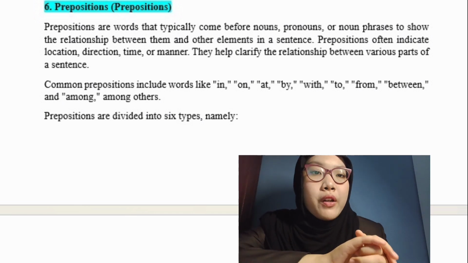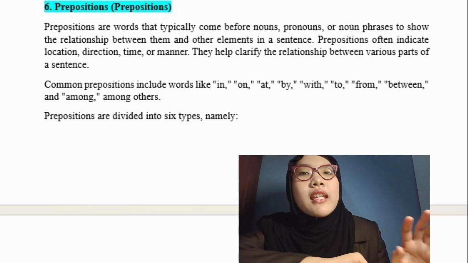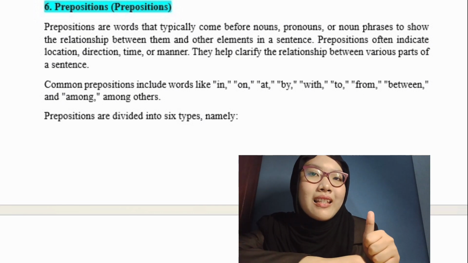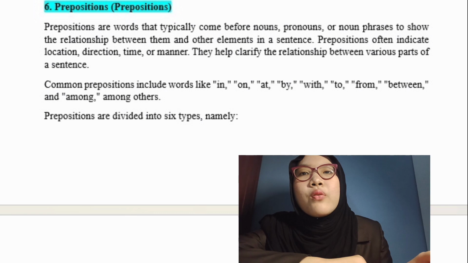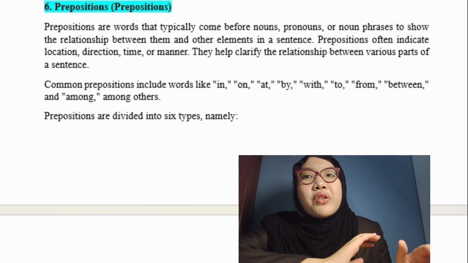They help clarify the relationship between various parts of a sentence, such as in, on, at, by, with, to, from, between, among, and others. Prepositions are divided into 6 types, namely preposition of time, like hours, days, and so on. Examples: after, before, during, since, until, and so on.